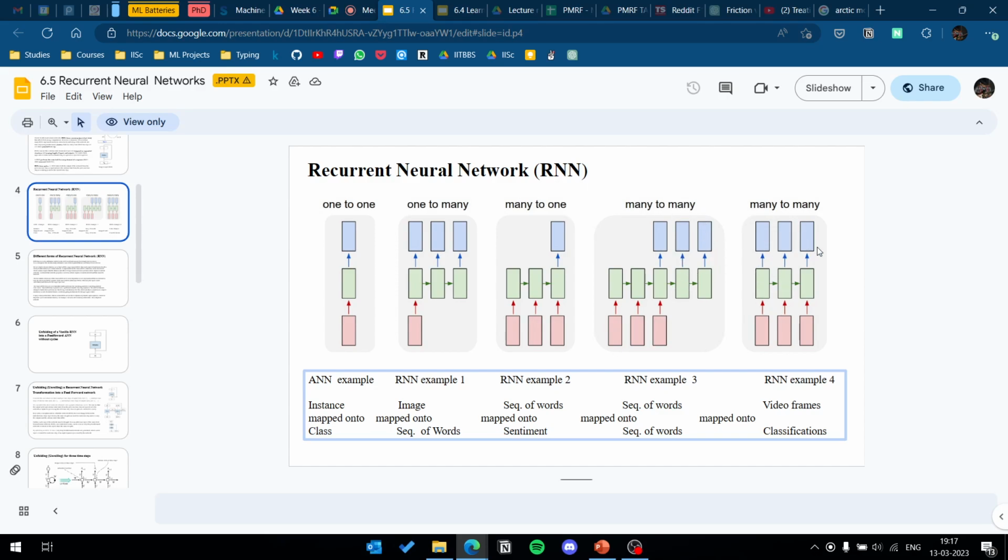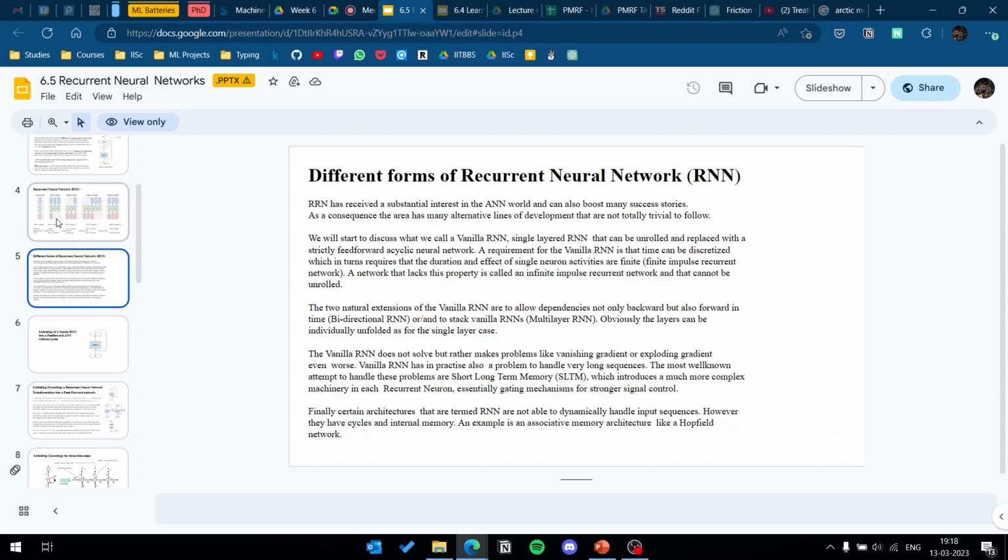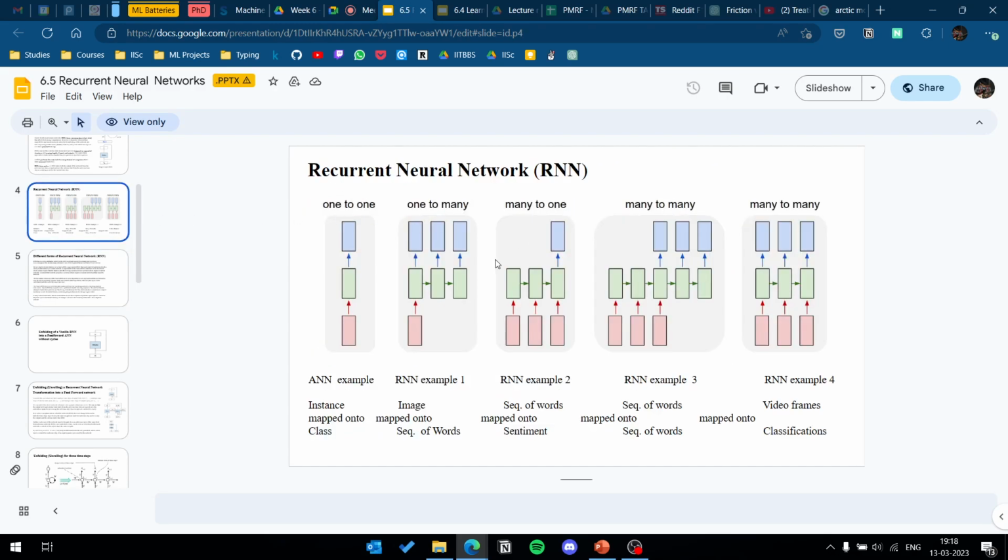And finally, many-to-many is like here you can see an example. It is video frame classification, right? So video frames are just one image, and then you'll have some sort of classes maybe, or describing the video. So that's a many-to-many application. So this is one kind of classification that you can do for RNNs.